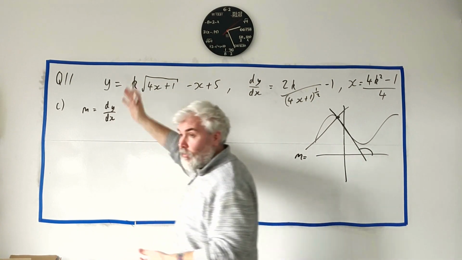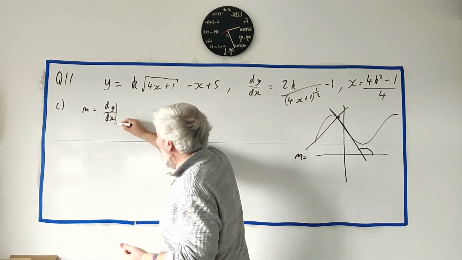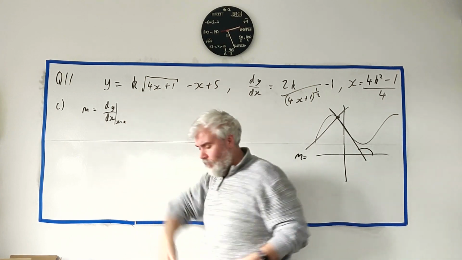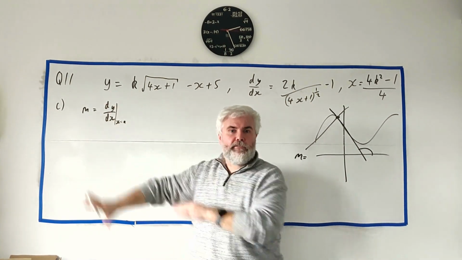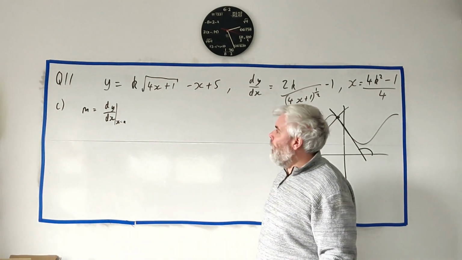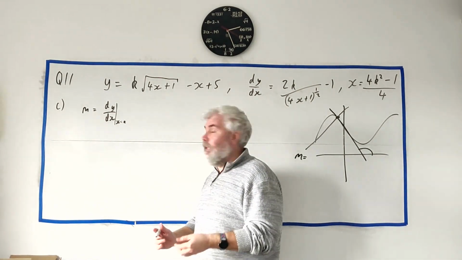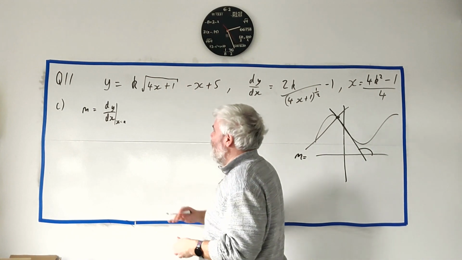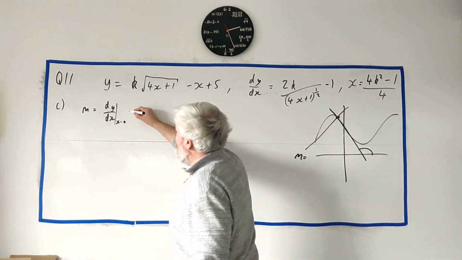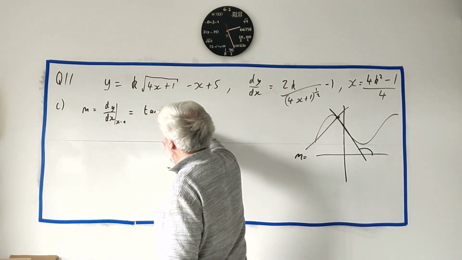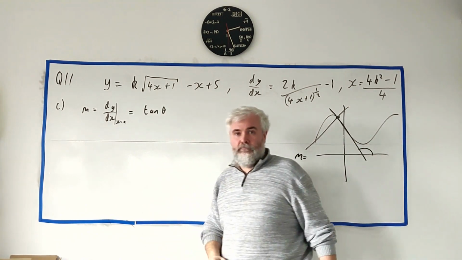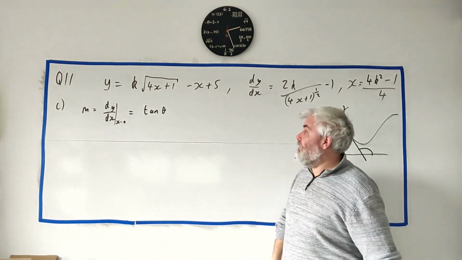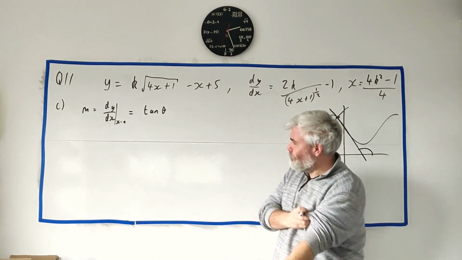The slope is equal to dy/dx at x equals something. Let's say x equals a. Doesn't matter. Let's just think dy/dx for the moment. And there's another thing we should think, which sort of helps us. We don't need it in this question, but it makes it easier. We should be thinking it equals tan theta. So we know all this about slope, and that's one thing the examiner wanted you to notice.